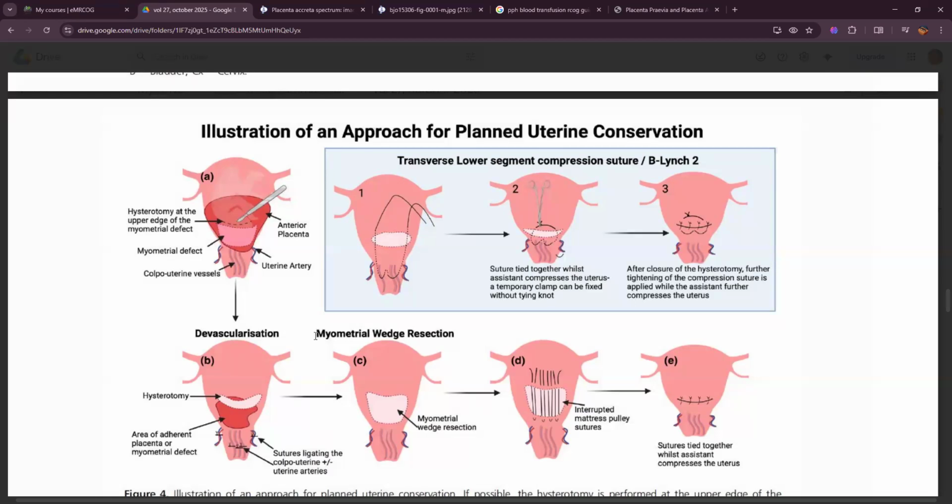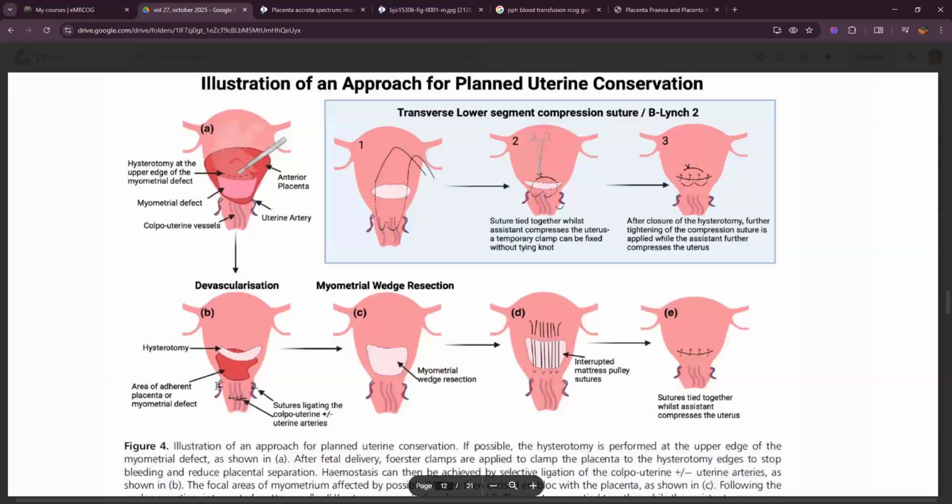Then you are going to suture, ligating the colpouterine arteries, which means that if you can see here and here, those are the places of suturing.